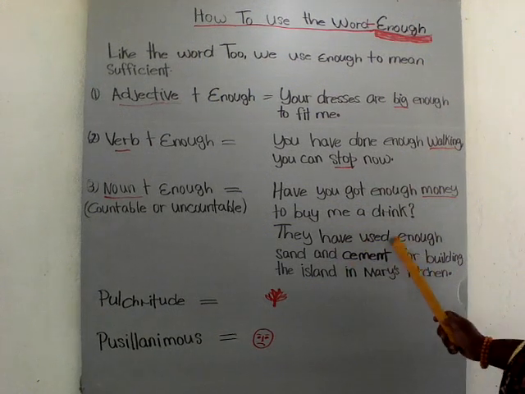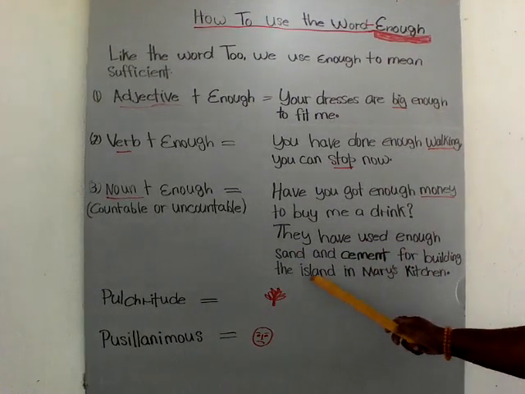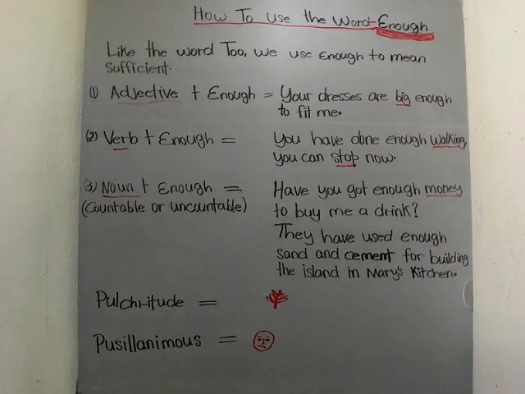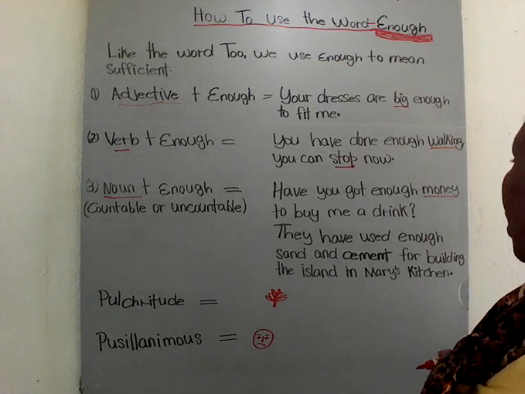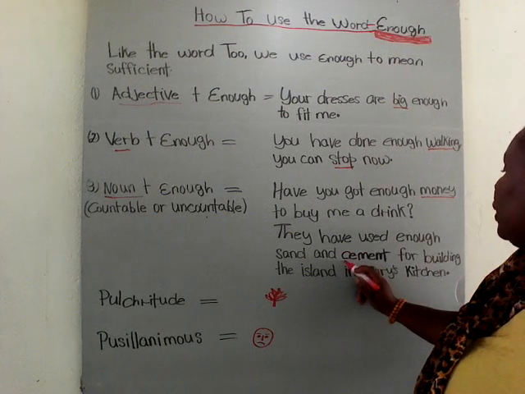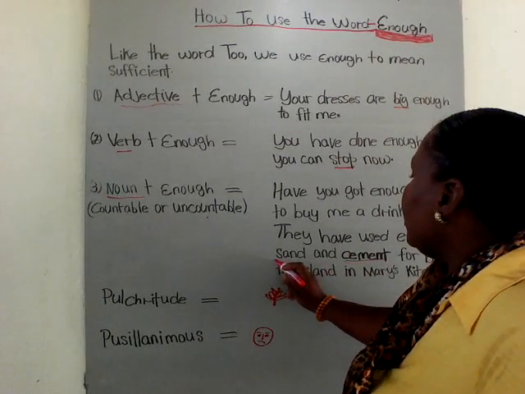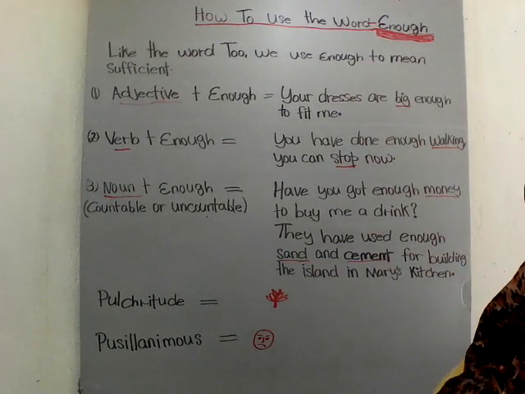All right, so in this case, this is the uncountable noun. The uncountable noun would be cement and sand, because you cannot count sand and you cannot count cement.